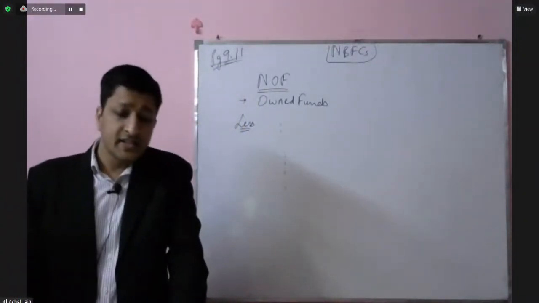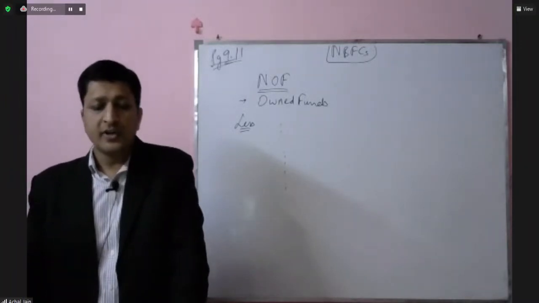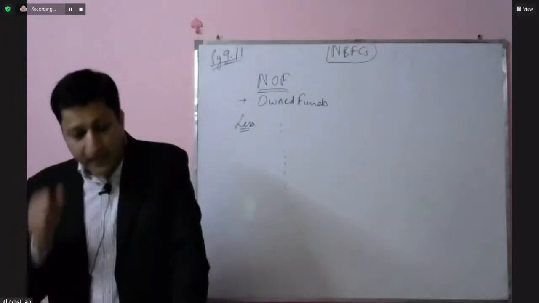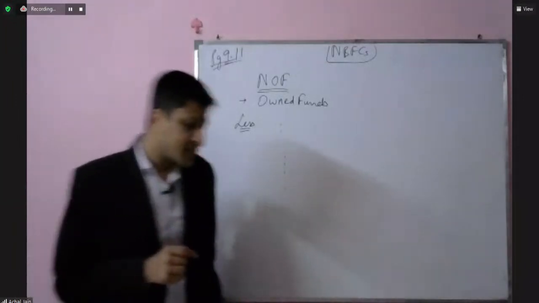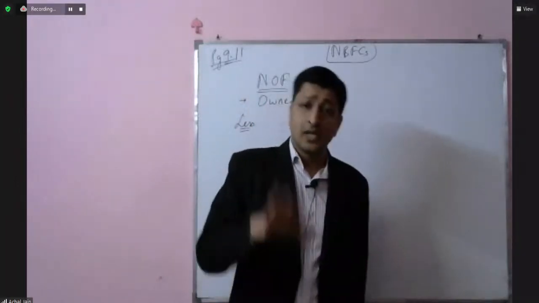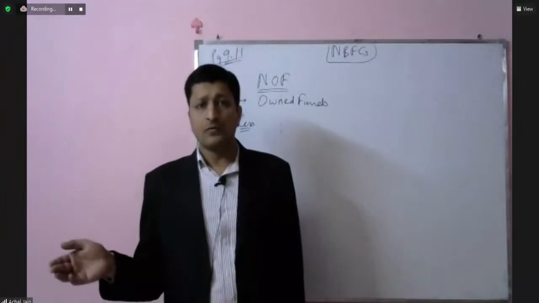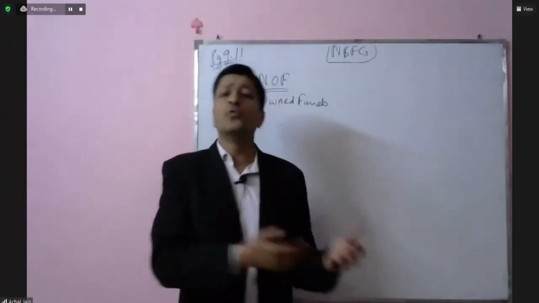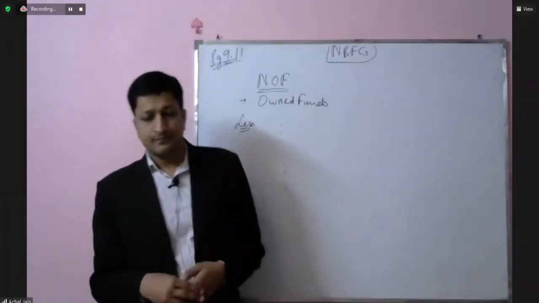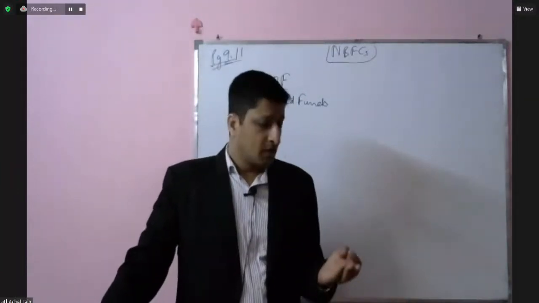And I can see the same responses coming from Darshita, Moini, Shaurya, Aditya. Very good. And please understand that in case of NBFCs, most of the things which we are going to discuss from now onwards will be similar to what we saw in case of a bank. Classification of assets will be quite similar.